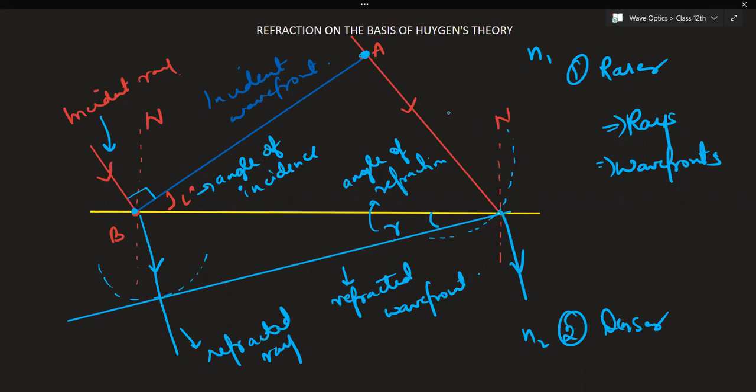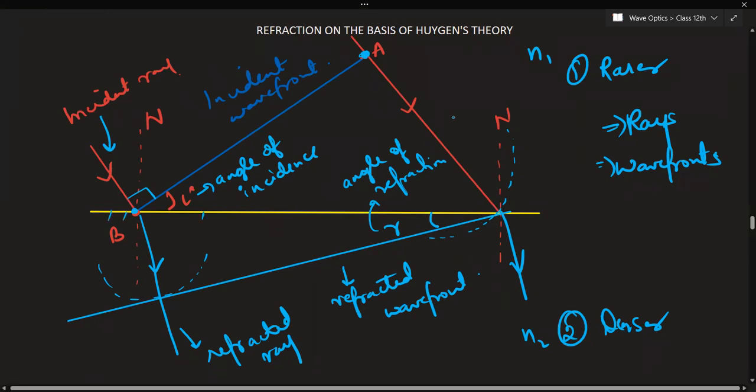Did you understand the difference between rays and wavefront? Where are we using rays and where wavefront? How is the ray forming? See, these were incident rays that were just incident on this mirror. See, this was a mirror and two rays.